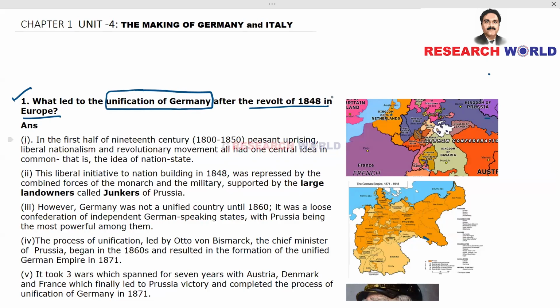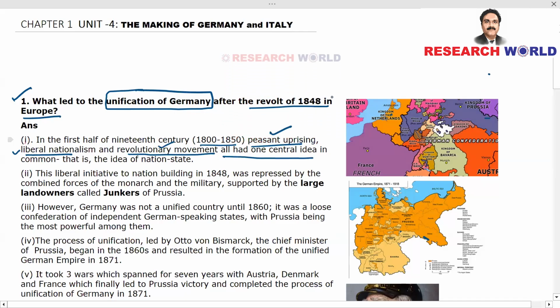First, in the first half of the 19th century, that is between 1800 and 1850, peasant uprising, liberal nationalism and revolutionary movement all had one central idea in common, that is the idea of nation state.